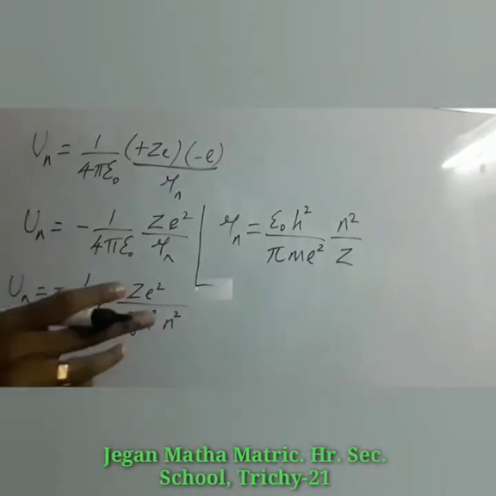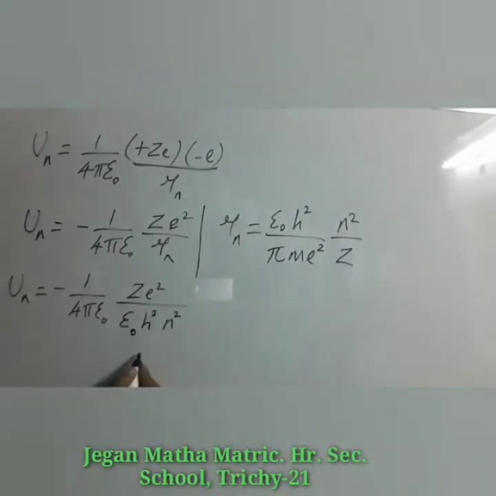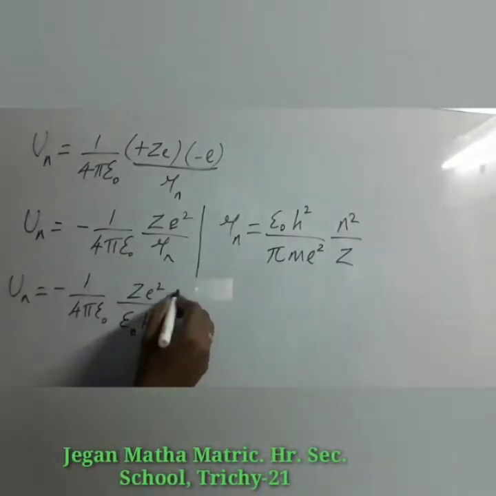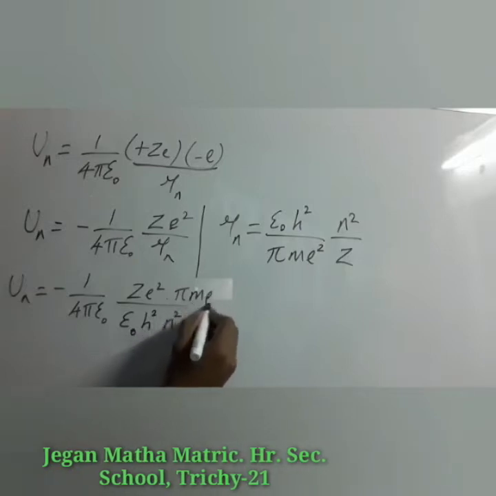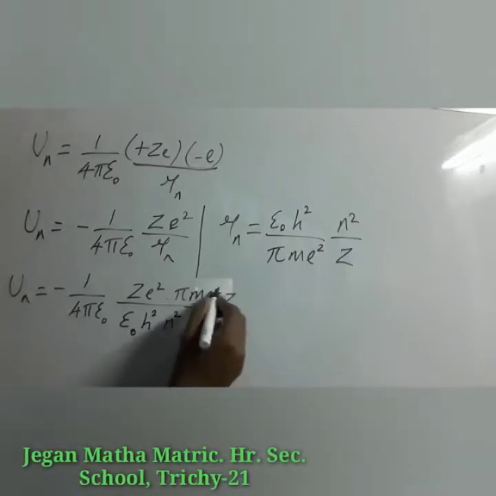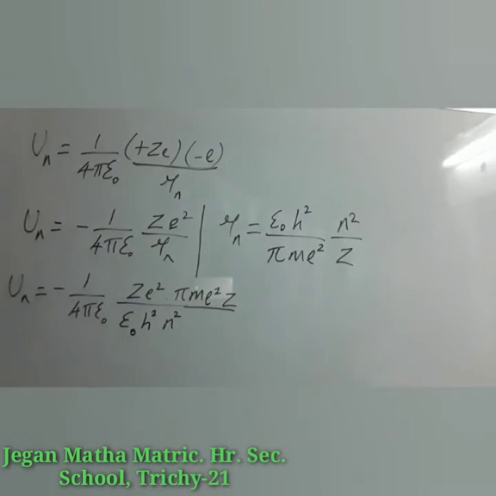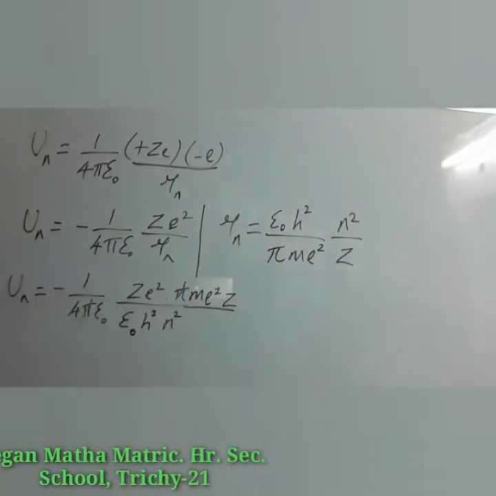The denominator has to be brought to the numerator, so you take pi m e square Z in the numerator. What other things can be cancelled? Pi can be cancelled.